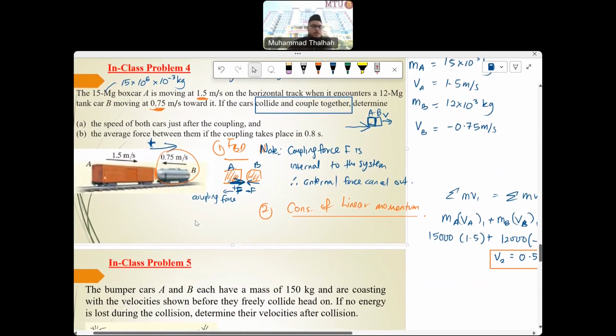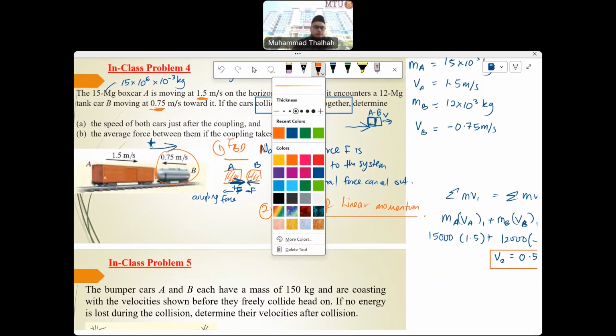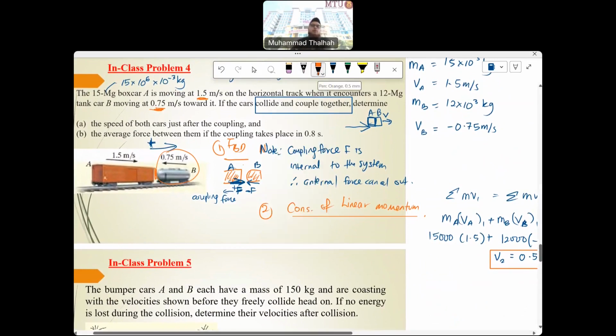If the question asks for average force, you actually have to isolate the free body diagram. When one particle collides with the other, both particles give out some force to each other. When you consider the opposite forces, they will cancel out.